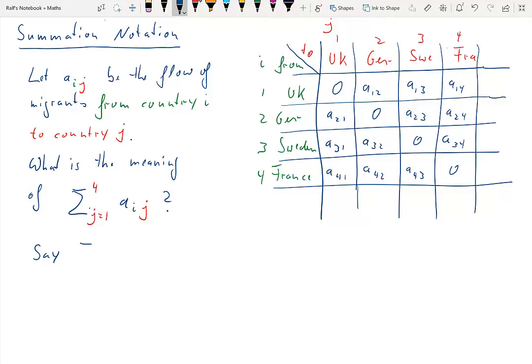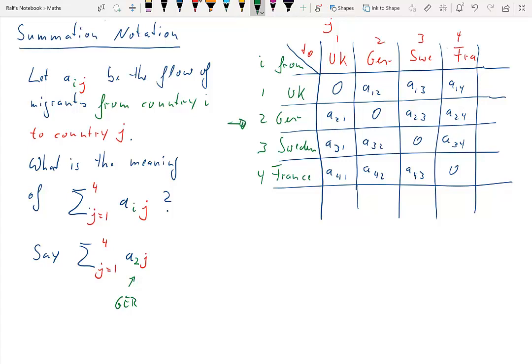Let us use an example here. The i isn't changing. That means we need to fix it at a particular value. So let's say we are thinking of the sum for j equals 1 to 4 of A, and now we're fixing the i, and let's fix it at 2. That means we're thinking of Germany. Okay, 2 here represents Germany in this particular example. So we're thinking only of values where that i index is equal to 2.